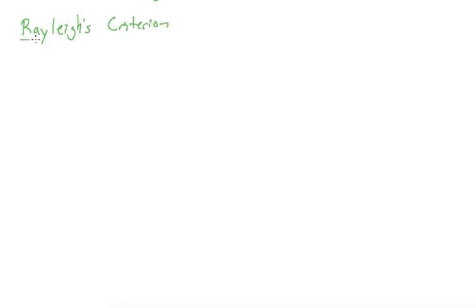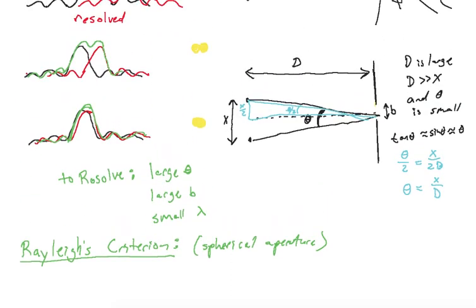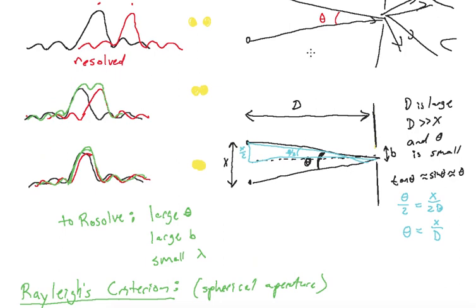Basically, this is the most accepted value for a spherical aperture, the point where you'd end up with them just being resolved. In other words, it's the minimum that you need to get this situation where they were just resolved.